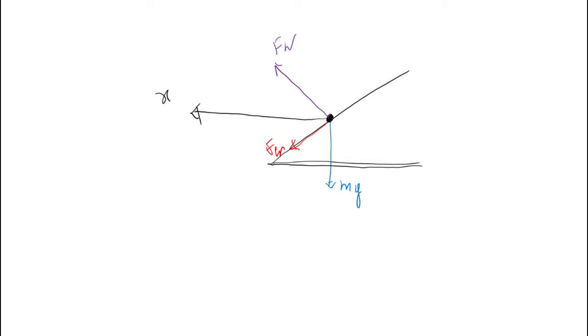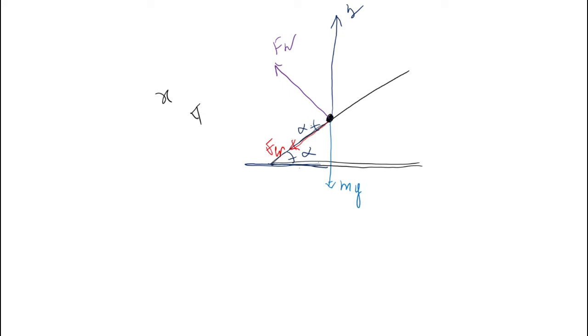So I suppose my x-axis is the direction of acceleration, and the y-axis is perpendicular to the x-axis. This angle we said is alpha. If this angle is alpha, this angle should also be alpha, because these two lines are parallel and the alternate angles are identical. Also I know the normal force is perpendicular to the surface.